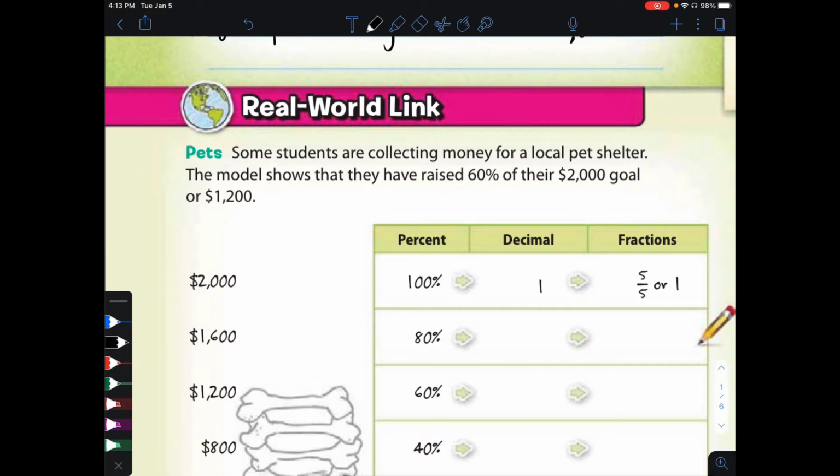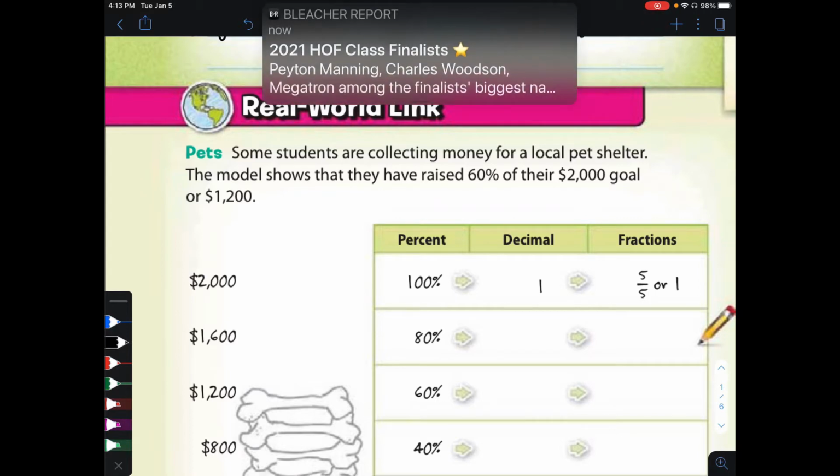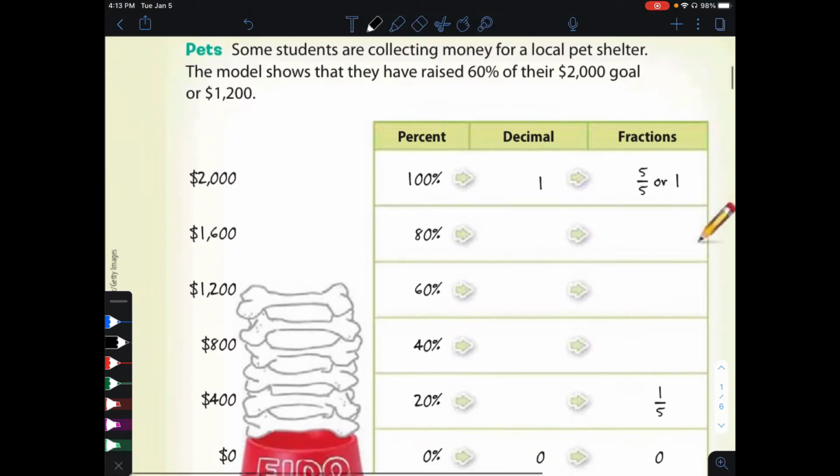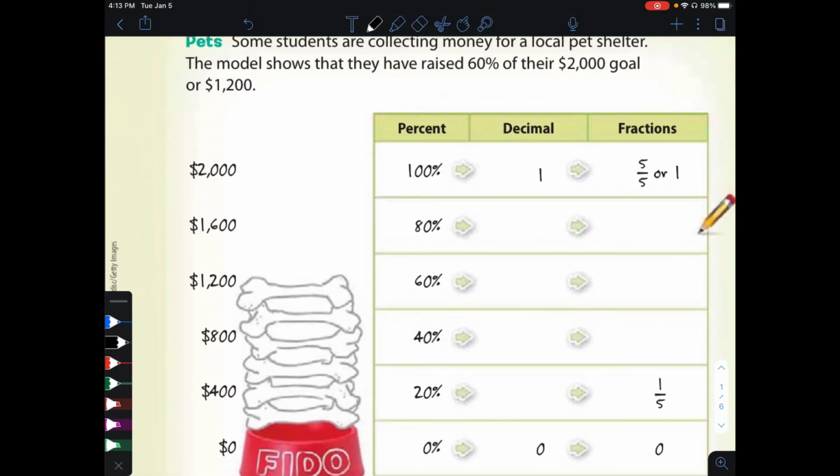The model shows that they have raised 60% of their 2000 goal of $1,200. So where are they getting that? They are getting it from this table right here, and this table where you can see 1,200 right over here.